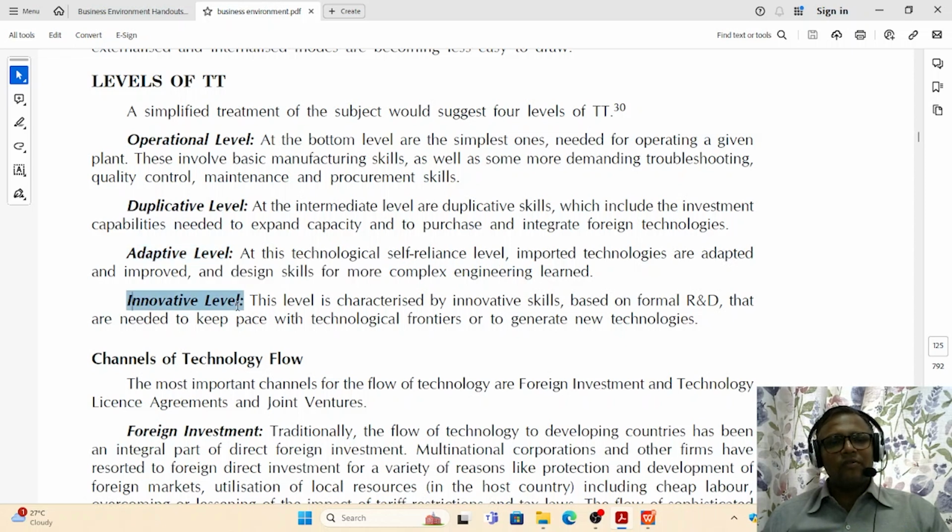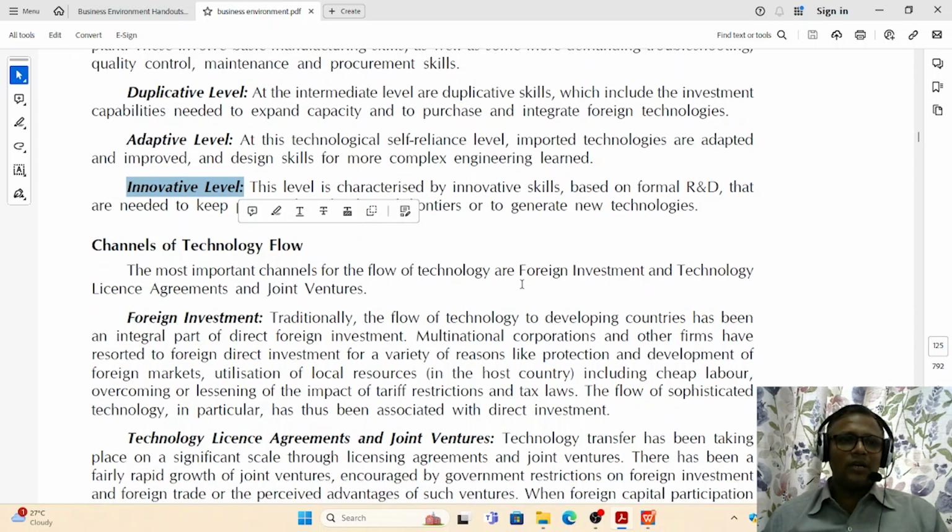Fourth is the innovative level. The innovative level is something taken from the R&D format. When new innovations are done, new research is done, when something new and creative has been taken out, these technologies help generate better solutions.